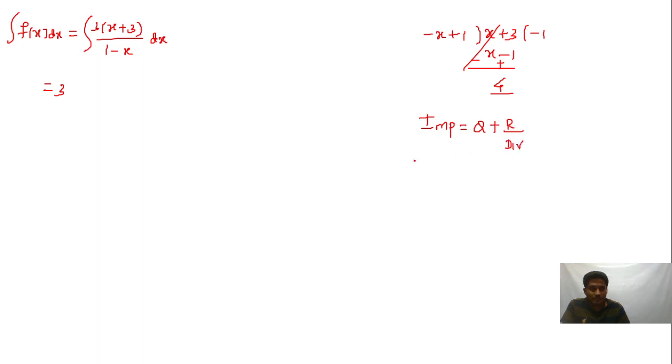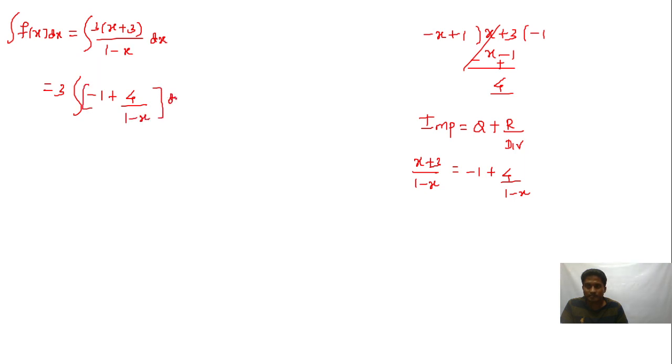So (x plus 3) upon (1 minus x) is equal to minus 1 plus 4 divided by (1 minus x). So this can be written as integration of minus 1 plus 4 divided by (1 minus x).